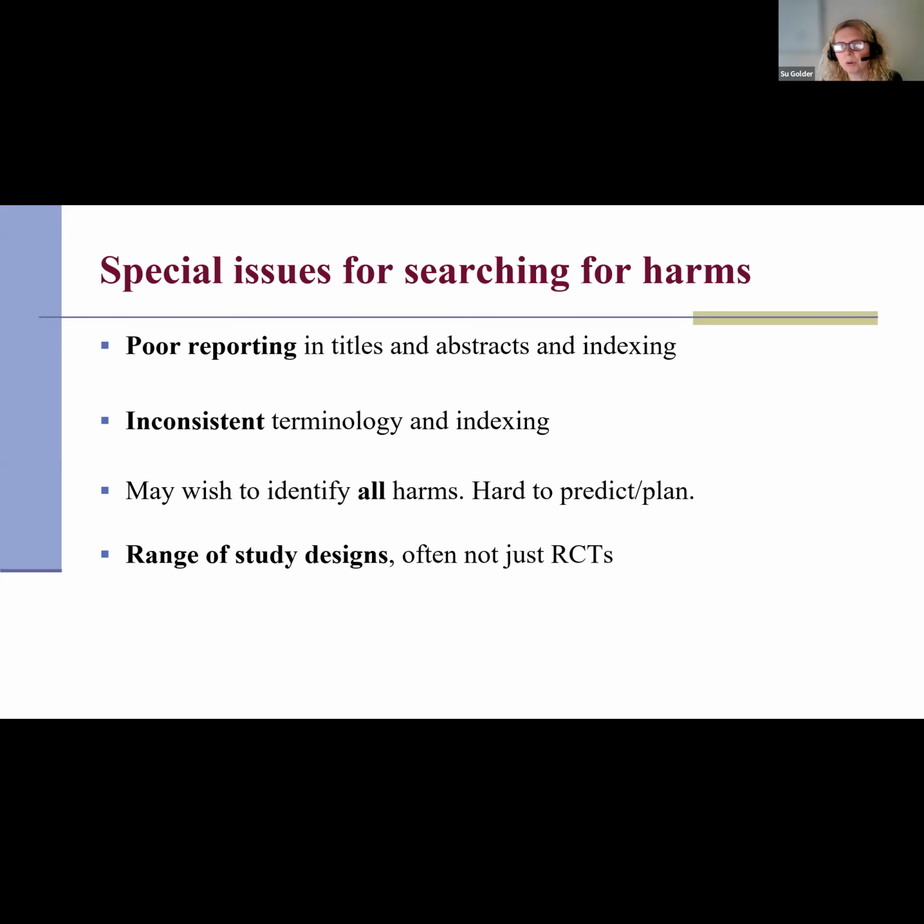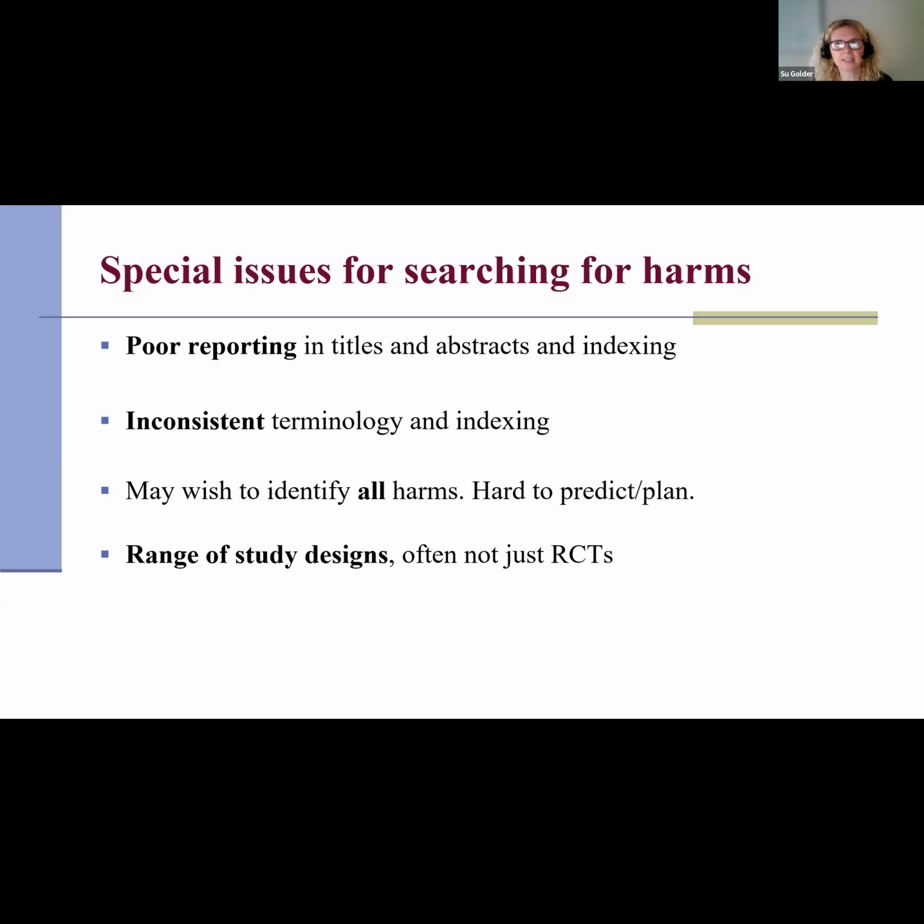So there's poor reporting in the titles, abstracts, and the indexing. This is largely because adverse events or harms are a secondary outcome or even tertiary outcome, and so don't always make it into the title and abstract. They can also be a small part of the overall full text article, and therefore not make the indexing either.